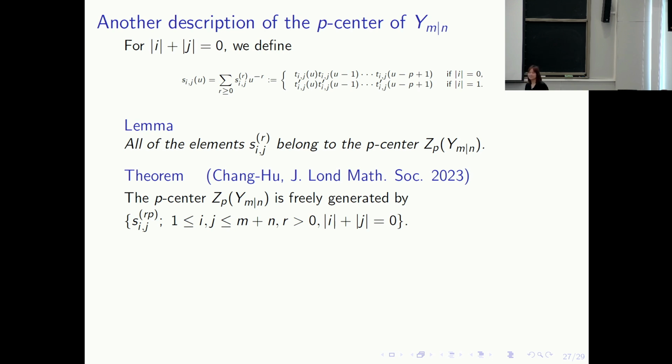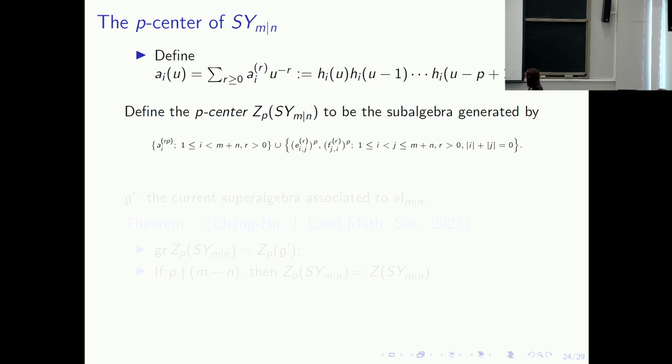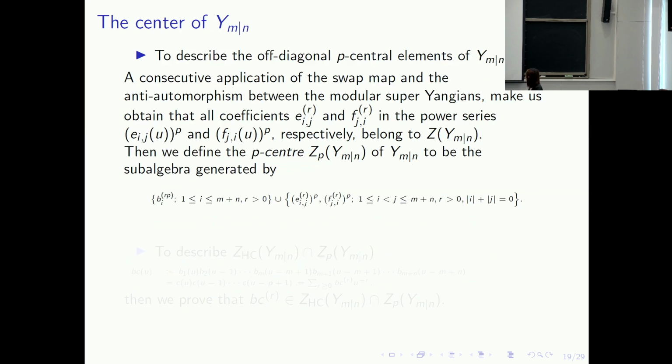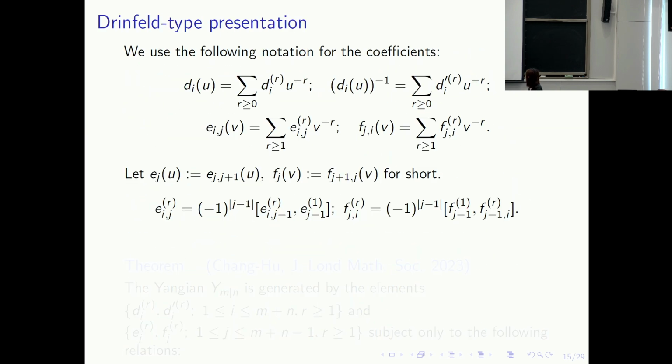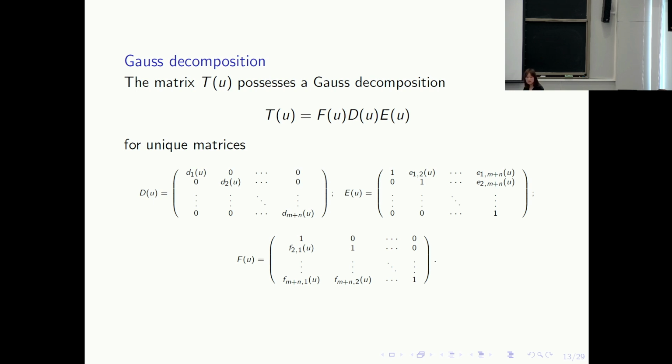Other questions? There was a similar question yesterday. At some point you do the Gauss decomposition. Is it obvious that it can always be done straightforwardly?